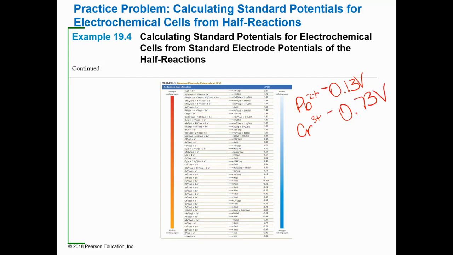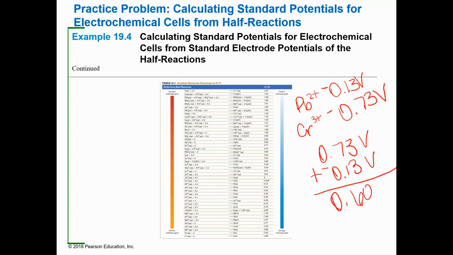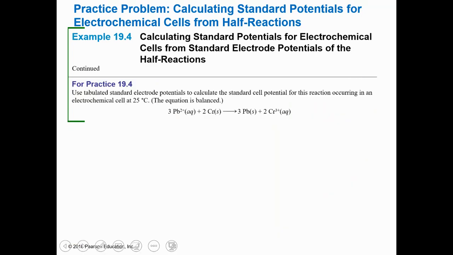Okay, so when you're faced with this, even if you don't have a reaction in front of you, which we do, we want it to be voltaic. So we're going to go ahead and flip the more negative one because we want that one, the whole thing, to be positive. And so if we do that, I've got 0.73 volts plus negative 0.13 volts, and I've got 0.60 volts. Okay, really this is not that hard.